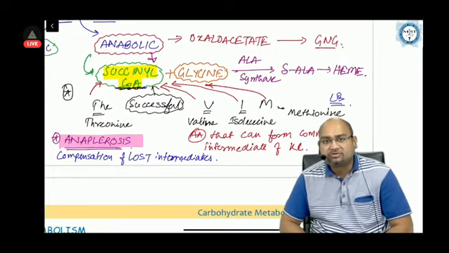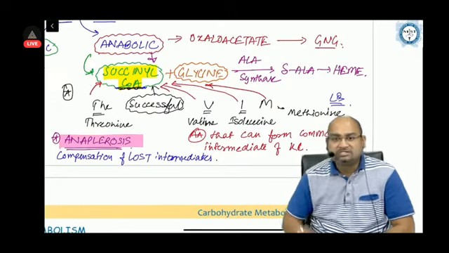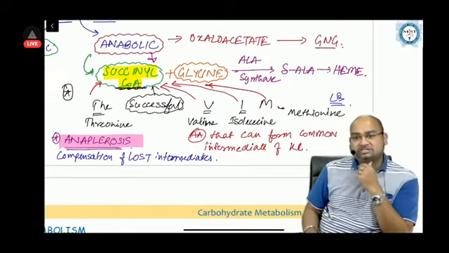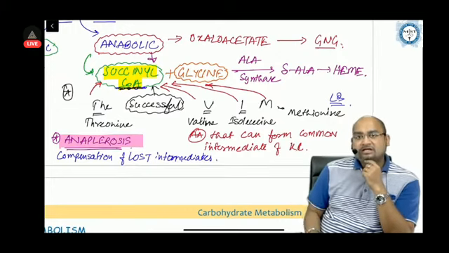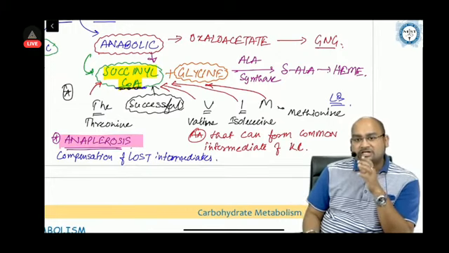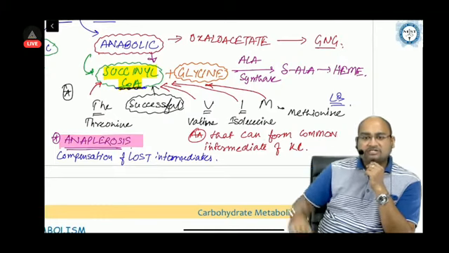But whenever succinyl CoA is going for heme synthesis, at the same time these 4 amino acids can also regenerate it. These 4 amino acids, beta, can regenerate our succinyl CoA.